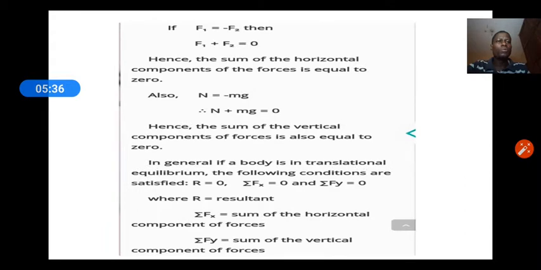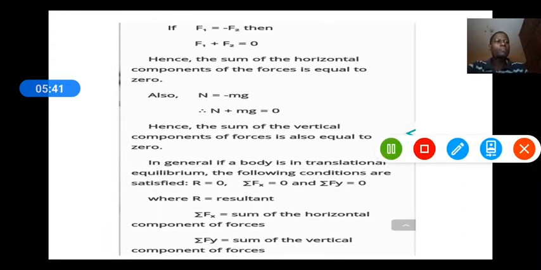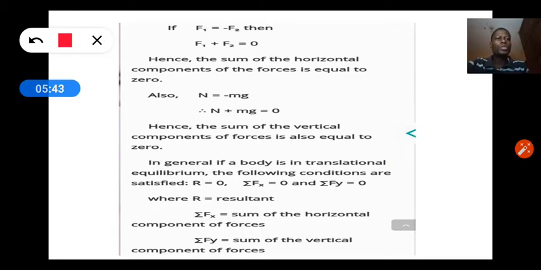Now let's check the conditions. Remember in our diagram in the last slide, there is a force acting to my left and another one acting to my right, on that particular block resting on the table.